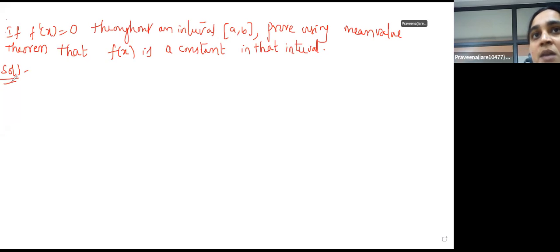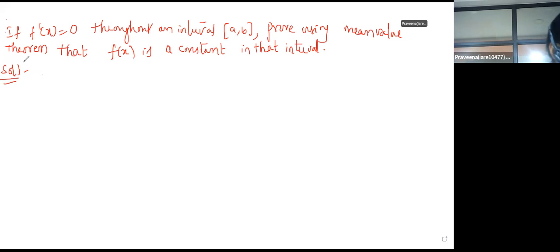In place of f dash of c, the question gives 0, substitute that. Then taking cross multiplication, b minus a also becomes 0. Then f of b is equal to f of a. In place of b, just take x. Then f of x is equal to f of a, and f of a is one constant. Therefore, f of x is a constant. That's the procedure. Very simple question. Okay, write down.